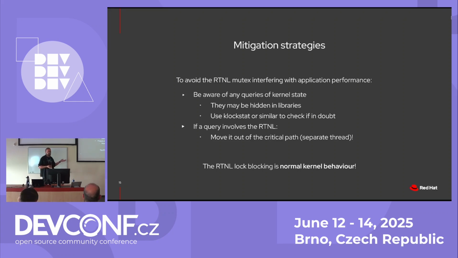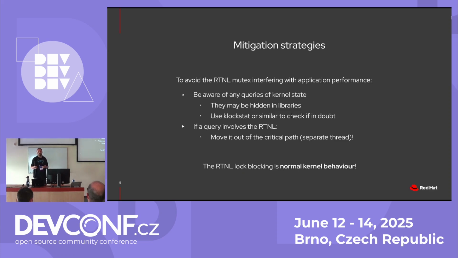So be aware of this. Anything that queries kernel state, anything that issues a syscall, you have to be aware: is this syscall something that can block? This may be hidden in libraries. You can use klogstat, other utilities. There's a bunch of other stuff in BCC tools that can query kernel state like this.